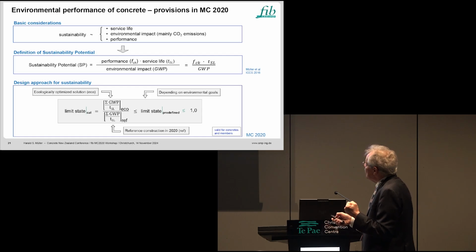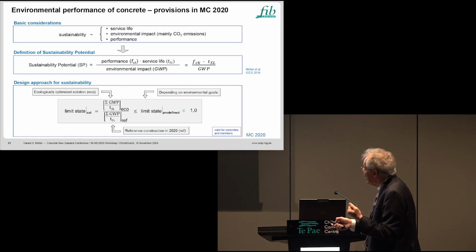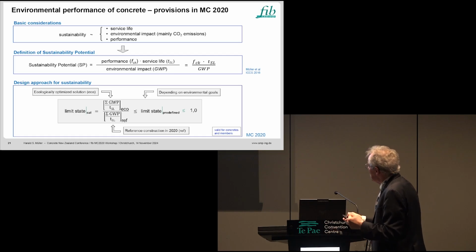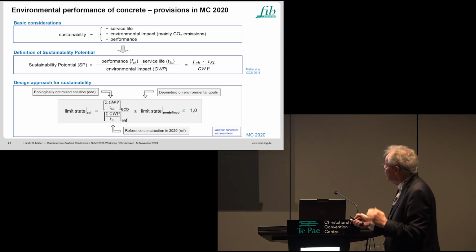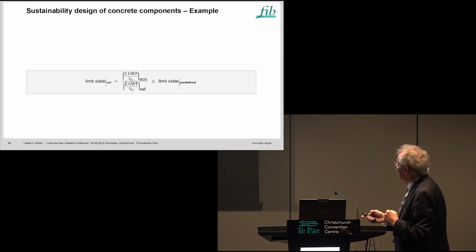And we have to define a limit state, a predefined limit state as an upper value, and we calculate from this ratio the actual limit state which is given. And this has to be smaller than 1. I show you one example how this really works.